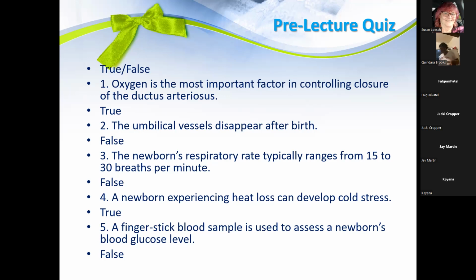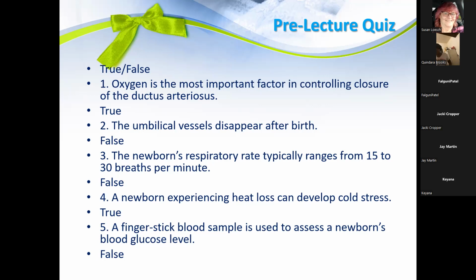And where would we stick the baby when we want to get a blood sugar? On the foot. The heel. Okay, so the glucose levels on the newborn are typically drawn from the heel. Initially, that baby's glucose levels are going to decline when they're born. Why? Because it was receiving the glucose from the mother through that placenta, and now there's no more placenta, right?